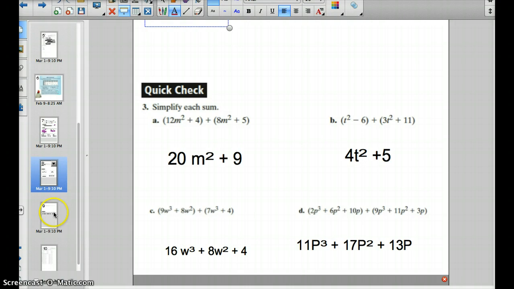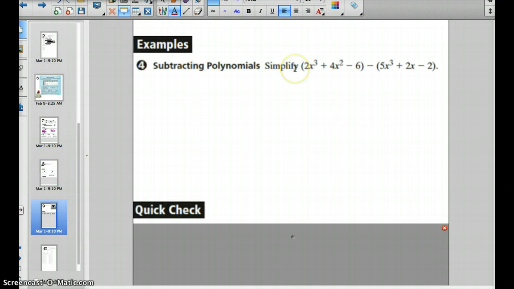Okay, moving on to subtracting. When we subtract polynomials, you're going to do them the same as you add. You want to be very careful right here. See how that minus? Think about that as being distributed to each term in that trinomial.